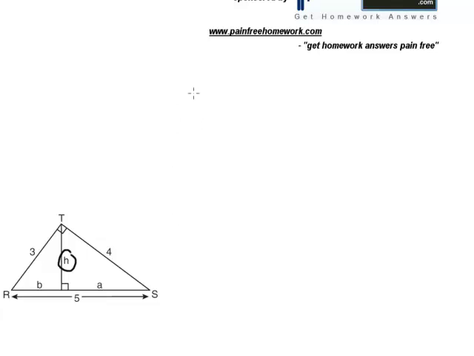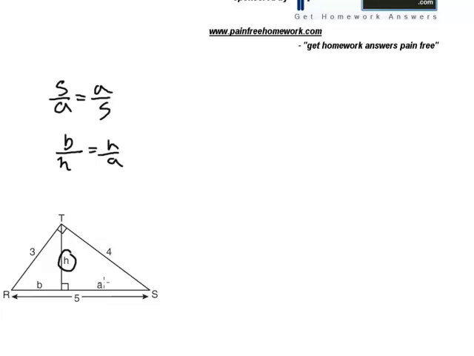So hopefully immediately you're thinking, oh, we're talking side, altitude, altitude, side. But let's see what happens when we try to do that. Side, altitude, altitude, side would mean b over h equals h over a. That's not very helpful, because we've got three variables in an equation, so we can't do much.